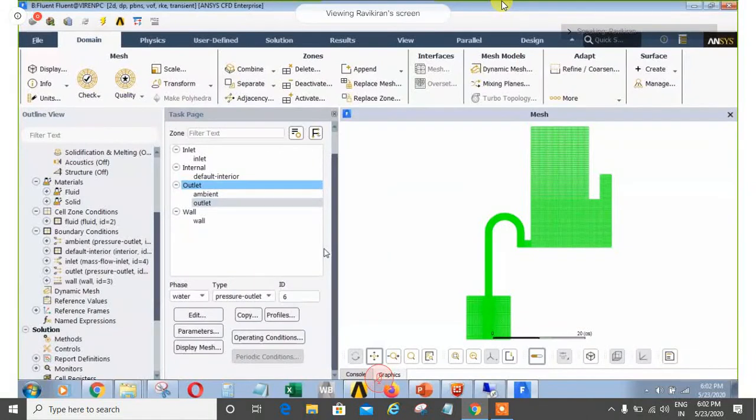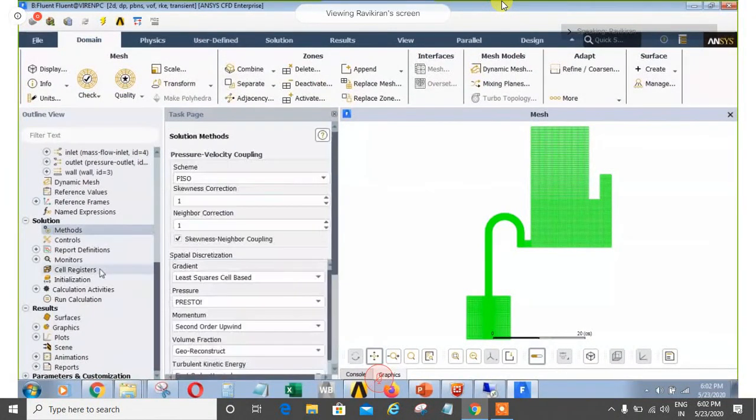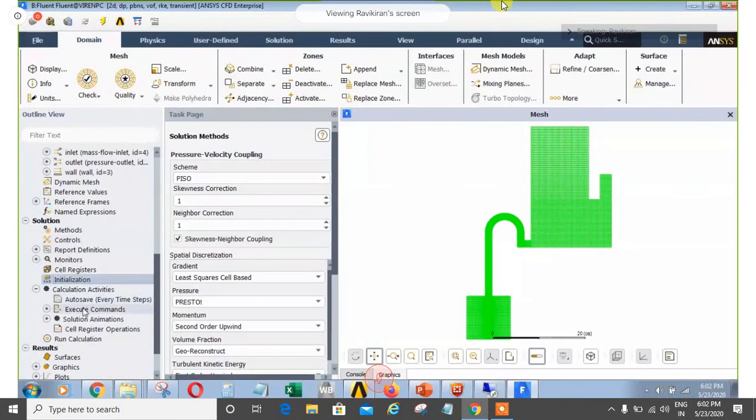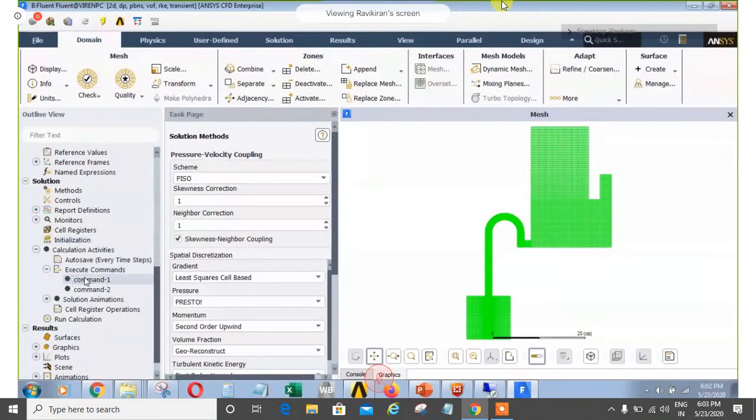Now, these are the other general settings, like the solution methods and the controls here. As we are saying that we are cutting off this water supply after a certain period of time, these are the solution commands, or we can say the execute command option.